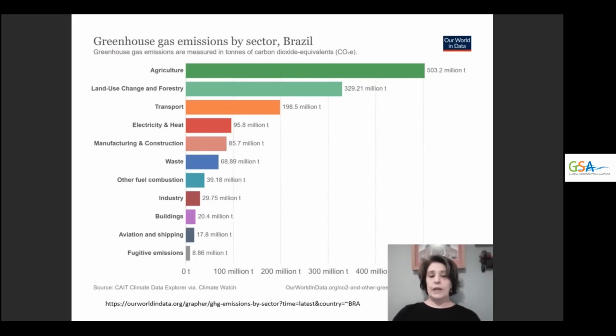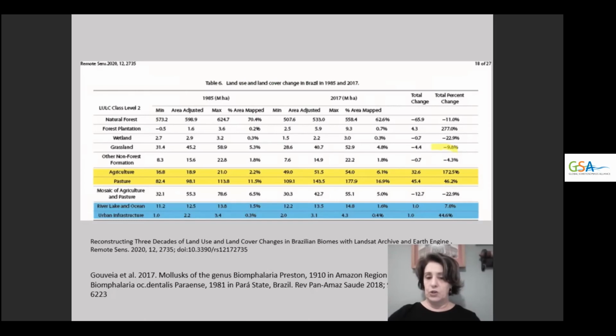And in terms of greenhouse gas emissions, in Brazil today, agriculture is the most important factor contributing to the increase of greenhouse gas emissions. When you look at this table and see the impact of 3 decades of land use and land cover, we see that agriculture and the use of land for livestock changed a lot in the last 3 decades.